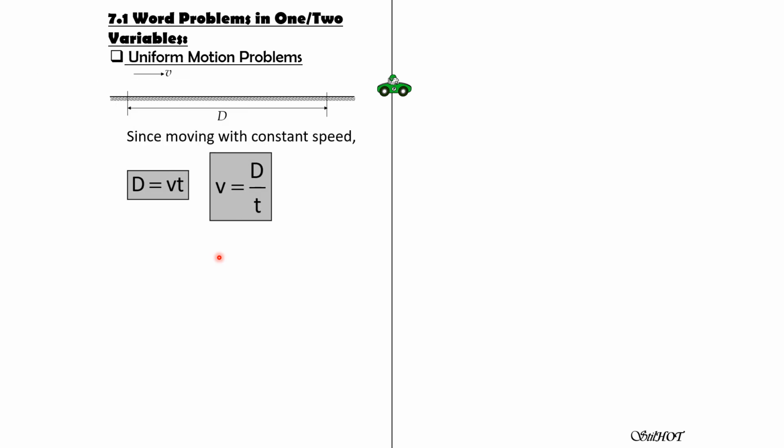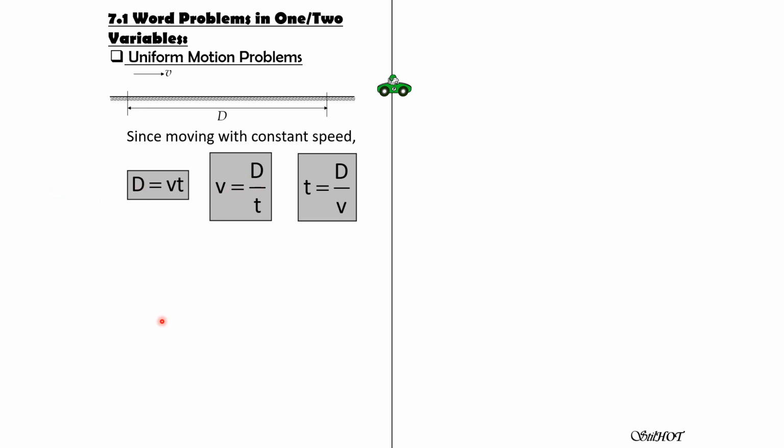Likewise, it may be the time that is to be determined, so it is equal to distance over the velocity or speed. So this is the formula. You just focus on this part, then these are the other variations of this problem.